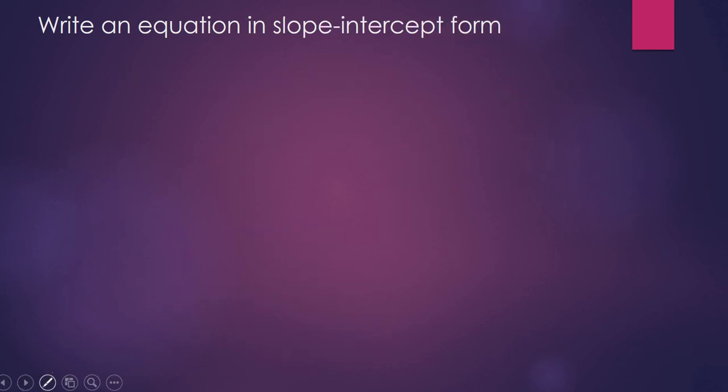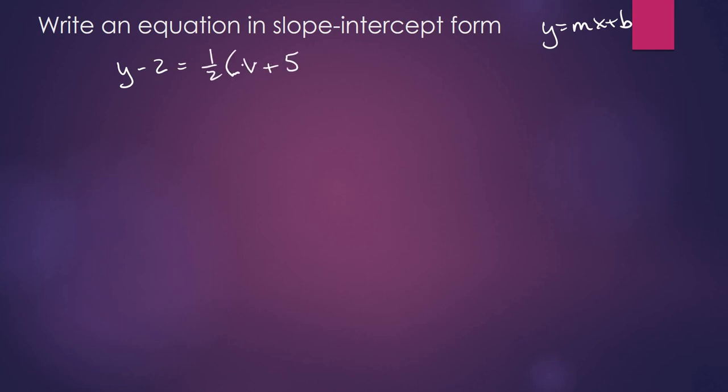Next, write an equation in slope-intercept form. So I want to get to this form this time. And I'm going to start again with point-slope form. Y minus 2 equals 1/2 times x plus 5. Again, I'm going to distribute. I'm going to add the 2 to both sides.